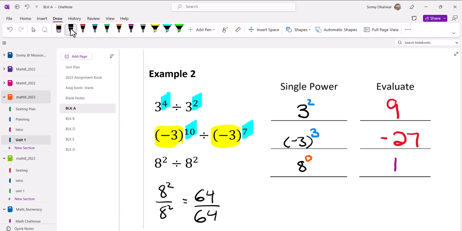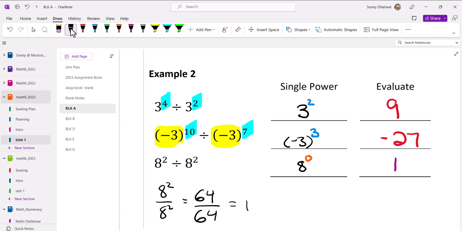And what's 64 divided by 64? Is it 0 or is it 1? 1. So these exponent laws do not change the value of mathematics. It's still the same number. We're just going about it a different route. In fact, anything to the exponent 0 is always equal to 1.